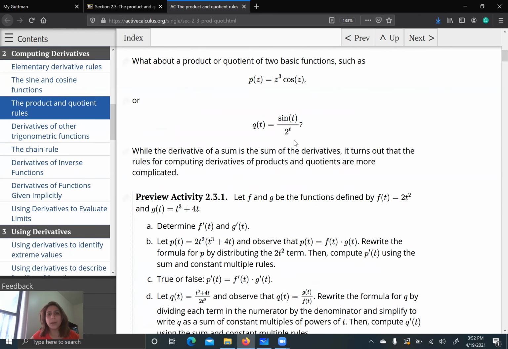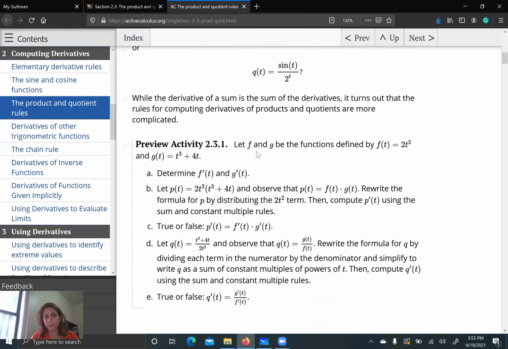So the goal of this section is to learn how to take derivatives of a product of two functions, or quotients of two functions, such as these ones.